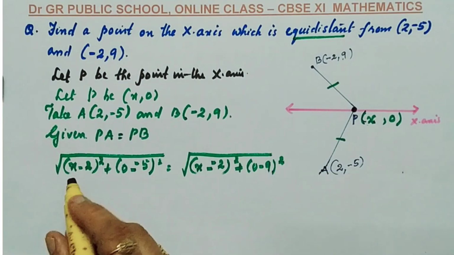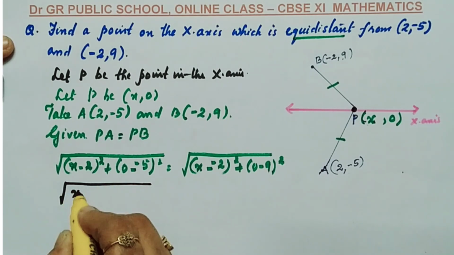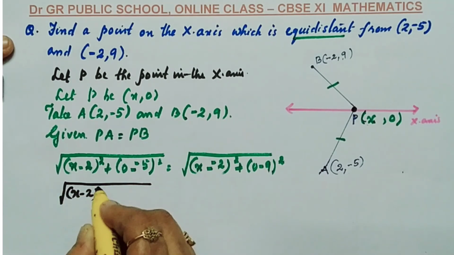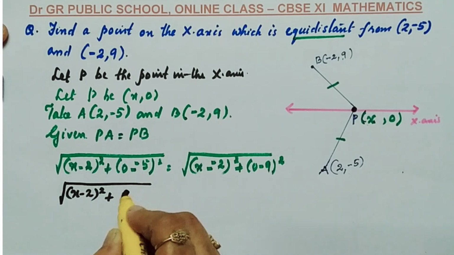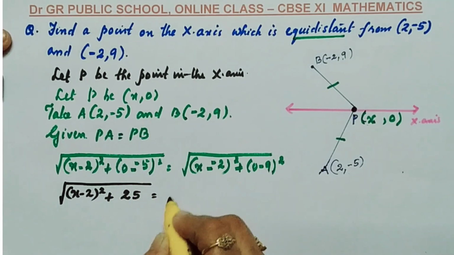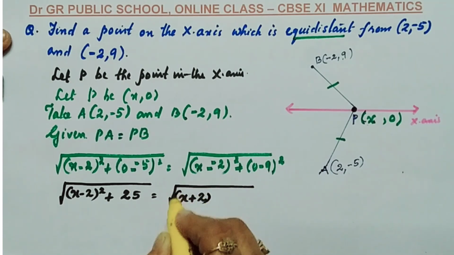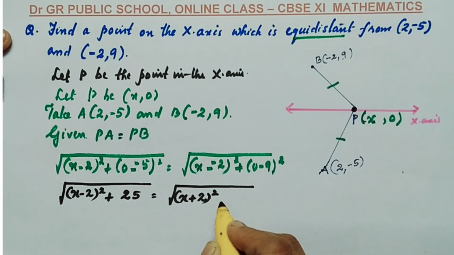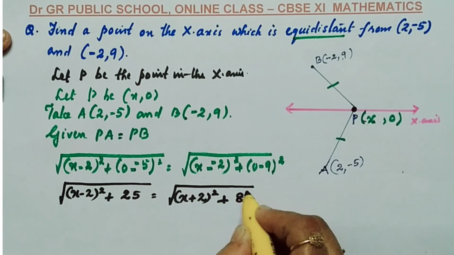Okay, we can simplify. That is root of (x minus 2) the whole square plus (0 minus minus 5), which is 0 plus 5, 5 squared is 25, equals root of (x plus 2) the whole square, since minus of minus is plus, plus (minus 9) the whole square, which is 81.